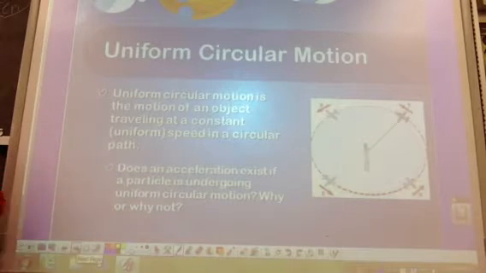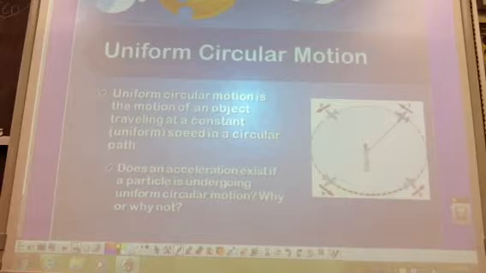So, uniform circular motion is the motion of an object traveling at a constant or uniform speed in a circular path. Uniform just means that we have this constant speed, and circular motion means we're moving in a circular path. So this could represent a rock that's being twirled in a circle on a string that has a constant length.